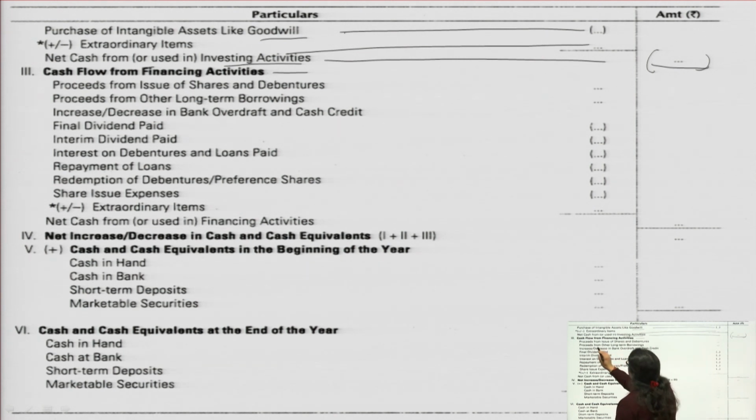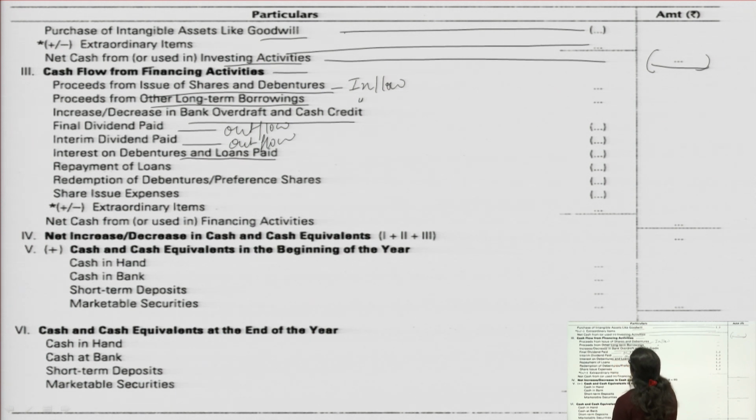What things will we add here? Proceeds from the issue of shares and debentures, proceeds from long term borrowings, that is your inflow. Increase or decrease in bank overdraft. Final dividend paid, this is your outflow. Interim dividend paid, again outflow.